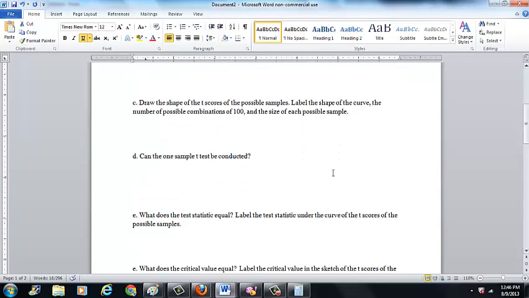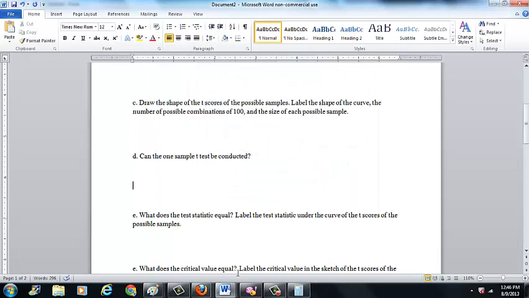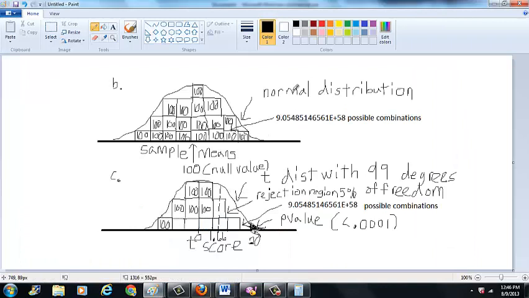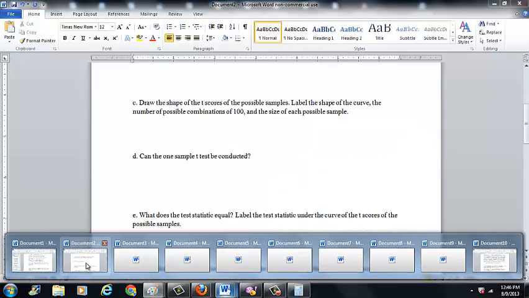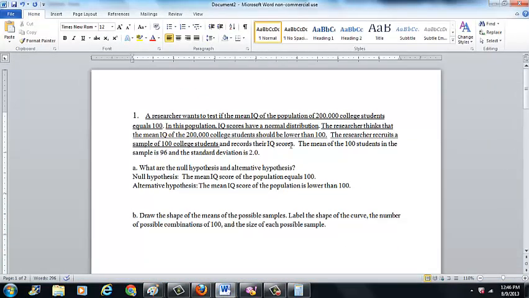Can the one-sample t-test be conducted? Our sample means had a normal shape in part B, and we knew that the sample means had a normal distribution because the question said that in the population IQ scores have a normal distribution, which is telling us that the sample means are also normal.